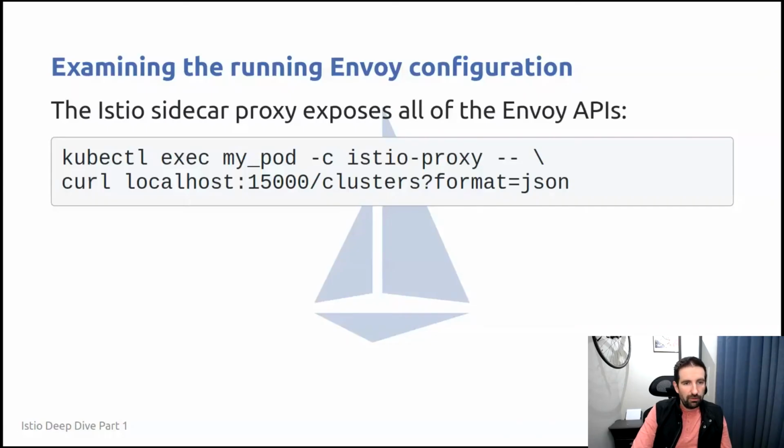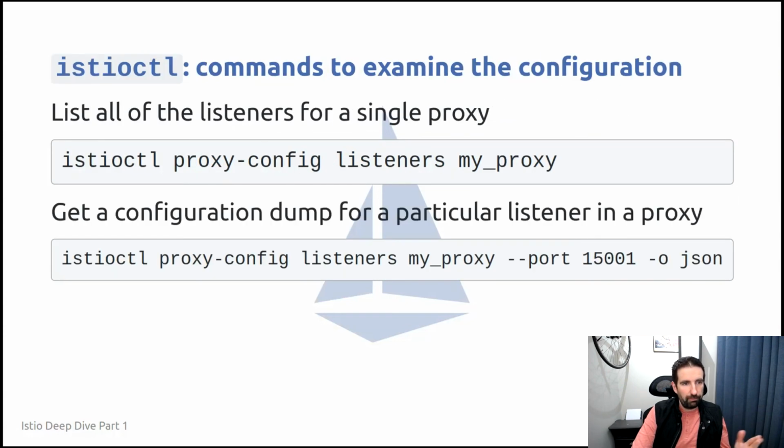Okay, let's do a quick recap of some of the commands that we used throughout this video. As I mentioned before, the Envoy proxy that is running inside of the Istio sidecar container exposes all of the XDS APIs. So we can use something like curl to access the APIs directly. Of course, that is not very user-friendly. So if we want something a little bit more user-friendly, we can use the istioctl command.